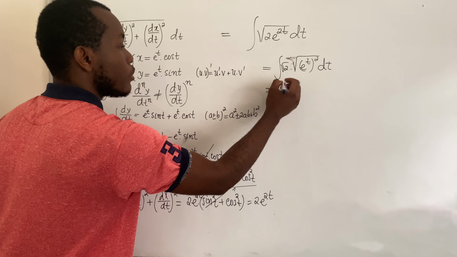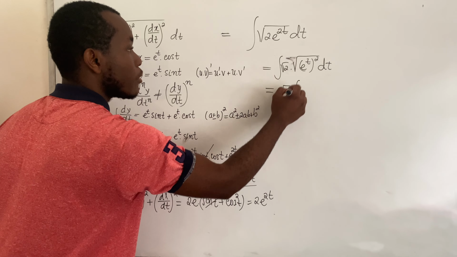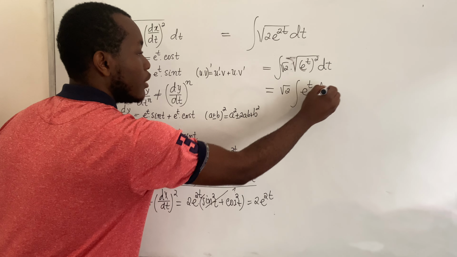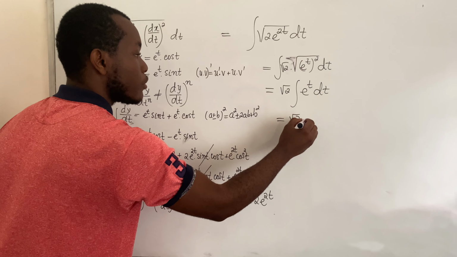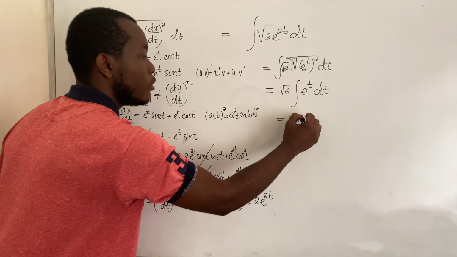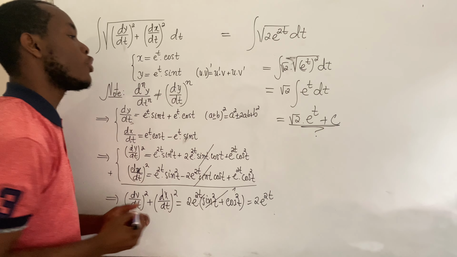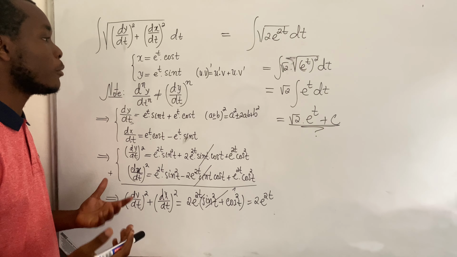The square root of 2 is a constant, so it can come outside the integral. The square and the root cancel, so we have Euler to the power t dt. This will be equal to the square root of 2 times the integral of Euler, which is Euler to the power t, plus c. So this is the solution for this given problem.